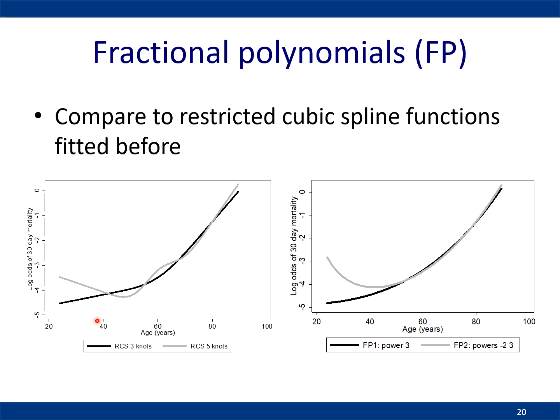Now with 5 knots, we started to see a lot of curvature. So here we can see a fairly, let's say, wiggly line, which might be overfitted to some extent, but what we see is a very similar shape to what we get with the FP2, although the FP2 is smoother.